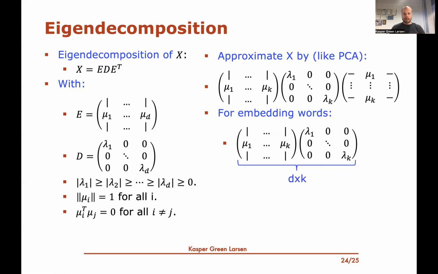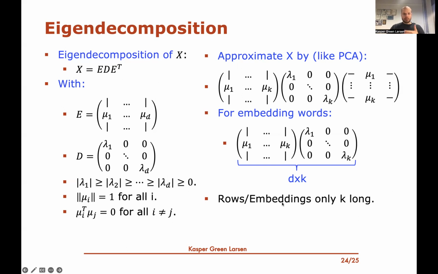So we approximate X by a D by k matrix corresponding to the k eigenvectors for the k largest eigenvalues in absolute value of X. We keep those columns and those eigenvalues in the diagonal matrix, which we multiply onto it. This means it is a D by k matrix, so it has a row for every word and only k columns.